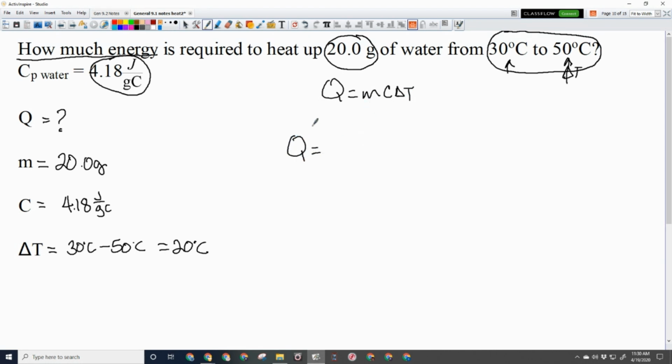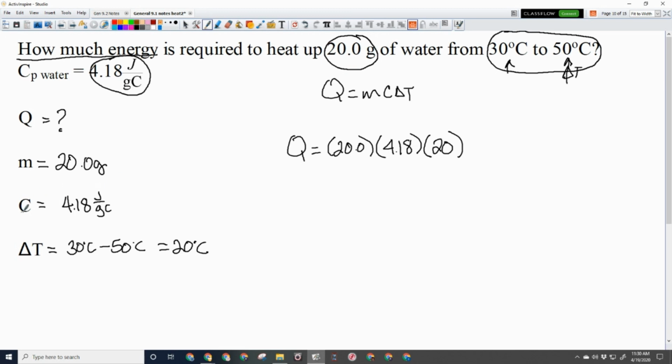Q is equal to M. Substitute in M, 20 grams. C, 4.18. And delta T, so our change is 20 degrees Celsius. Now, before you do this math, actually, we should have done this before we plugged it in. We need to make sure that all of our units are in the proper form. So mass is always in grams, so we do have grams.